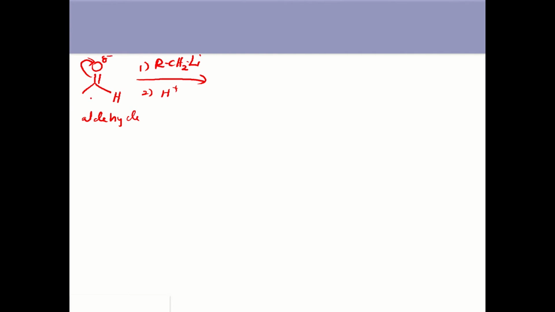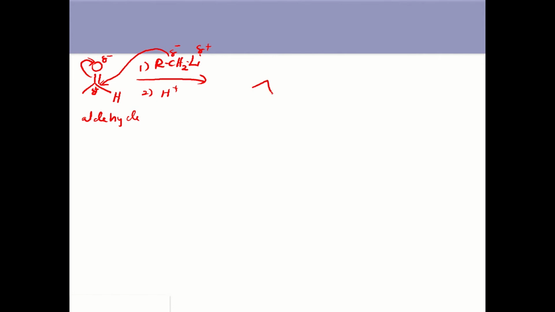That means the carbon over here is going to hold a positive end. And in the organolithium or organomagnesium compounds, lithium is going to have the plus charge and carbon has the negative charge. So that means this carbon can go and attack this positive carbon.